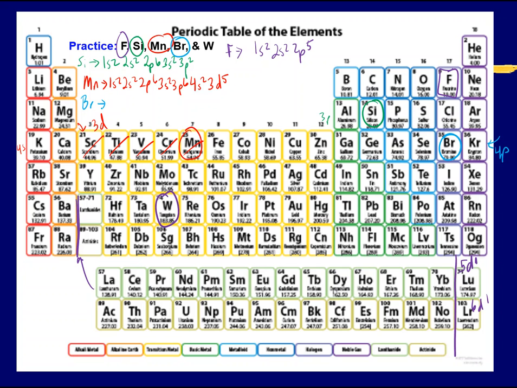So bromine here, we do 1s2, 2s2, 2p6, 3s2, 3p6, 4s2. That puts me right here. Now I'm going to go through the 3d completely, 3d10, and then 1, 2, 3, 4, 5, so 4p5.